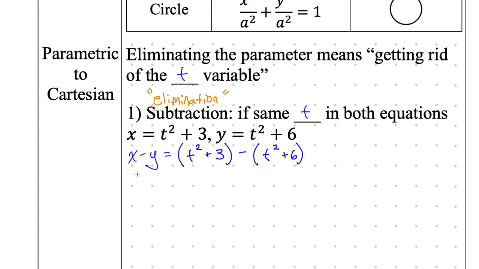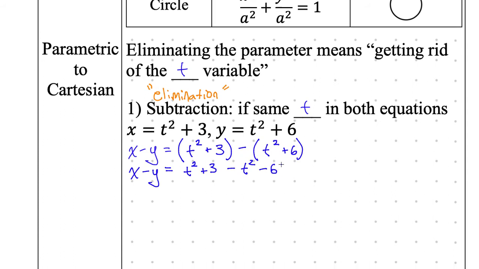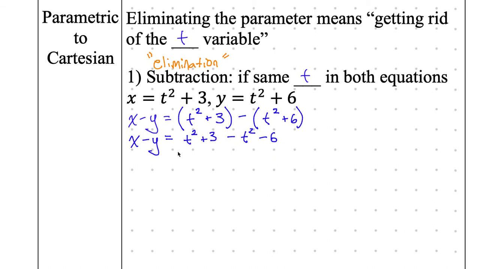So after subtracting, I get x minus y is equal to, distributing this negative, t squared plus 3 minus t squared, and then distributing the negative, it should be a minus 6 now. And I should change colors for each line to make the notes pop out a little bit.